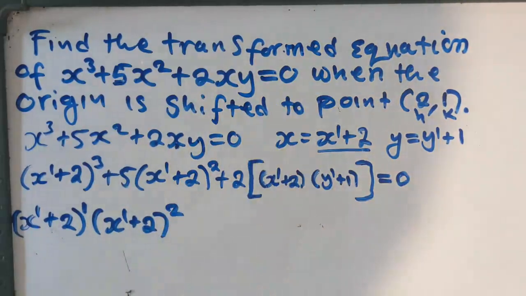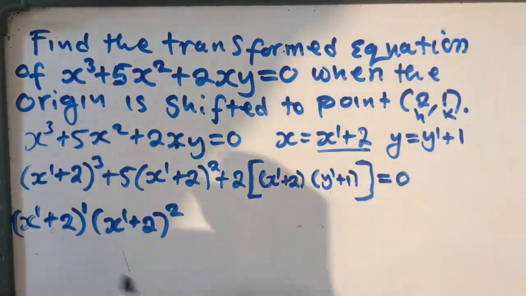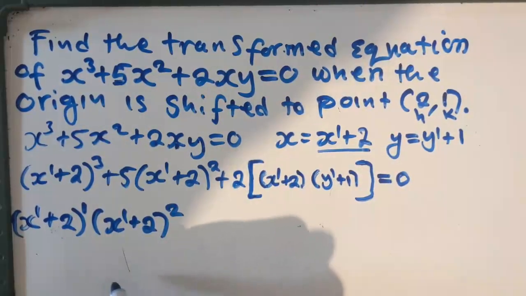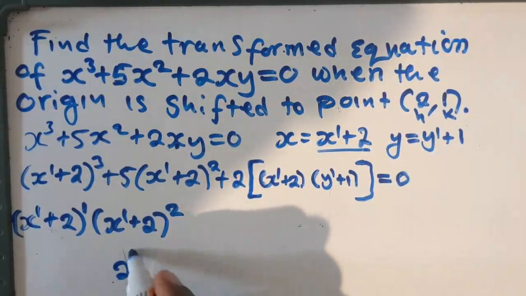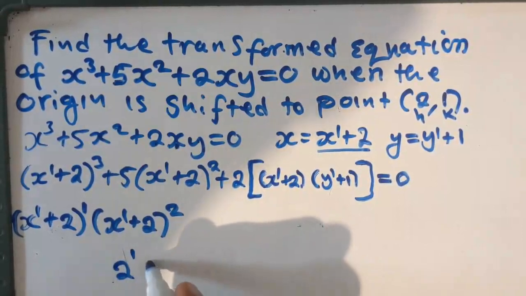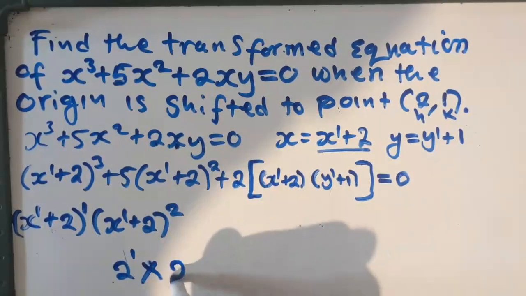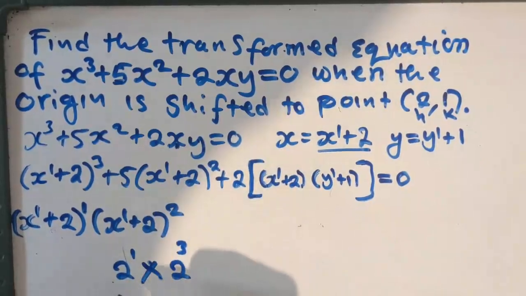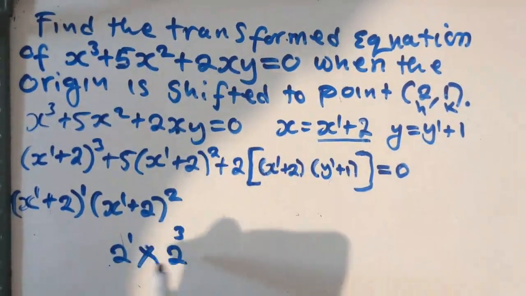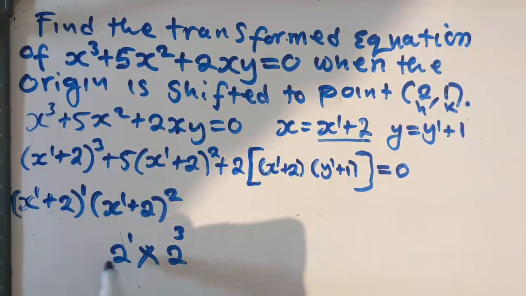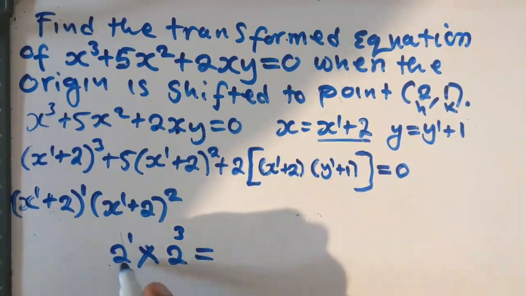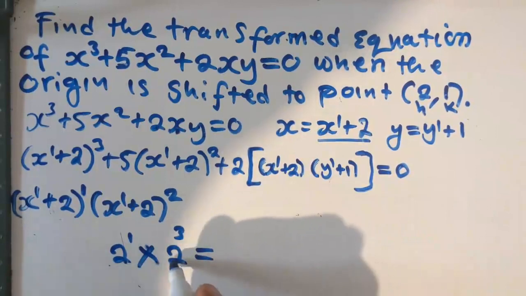You know the laws of indices say that when you're multiplying the same numbers, let's say 2 to the power 1 multiplied by 2 to the power 3, they have the same base. So in indices, you need to get just one base.